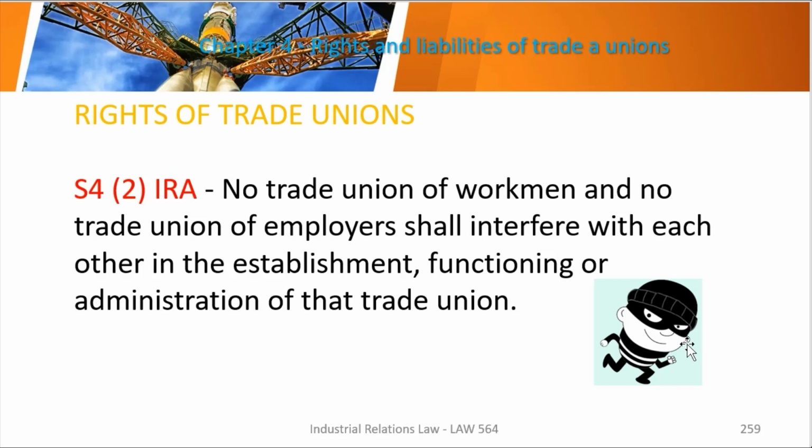So the trade union of employee and the trade union of employer cannot interfere with each other's transactions or functioning. Yeah, and that is provided under the protection of the law.